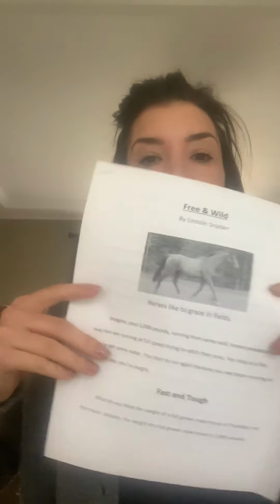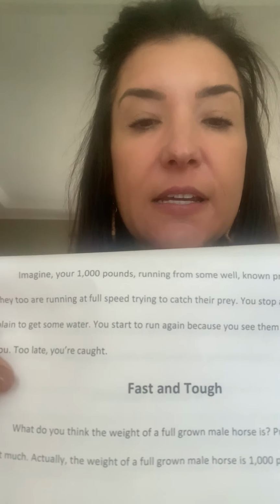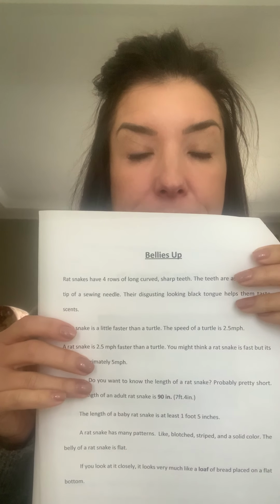So if you look at this first one on horses, instead of saying appearance, this one is fast and tough. This is for the rat snake. Instead of saying appearance, it is bellies up. And for cheetah, instead of saying appearance, a unique body.